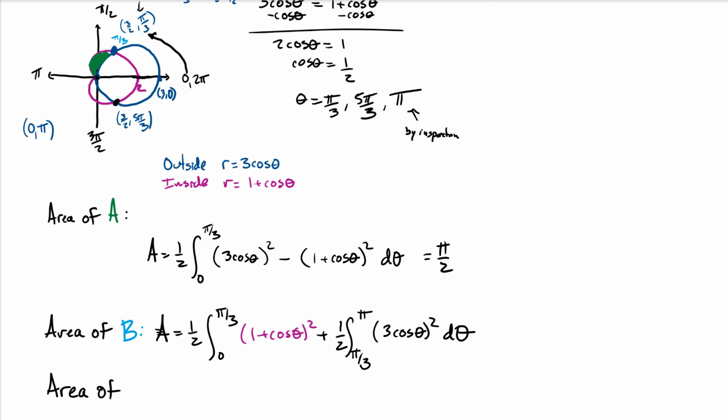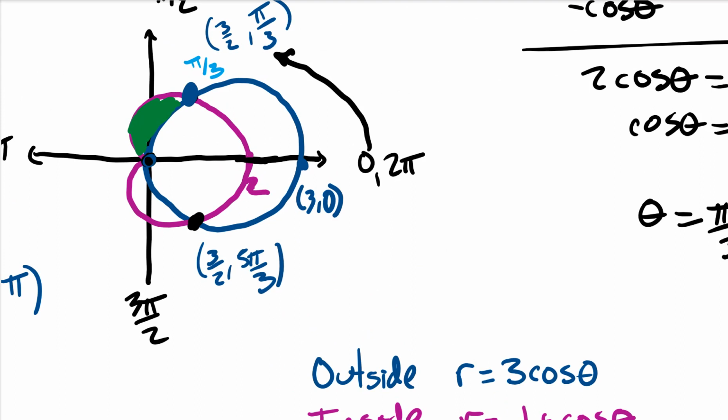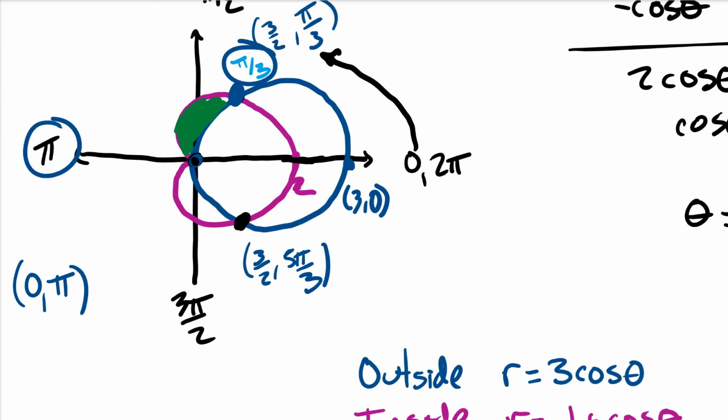But my opinion doesn't matter. Your opinion is what matters. It looks like we just have an outside and an inside function. Our outside function is going to be the cardioid, and our inside function is going to be the circle. So we're going to go from pi over 3 to pi to find that area.